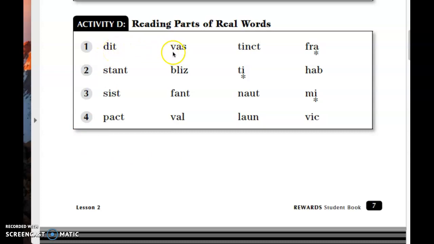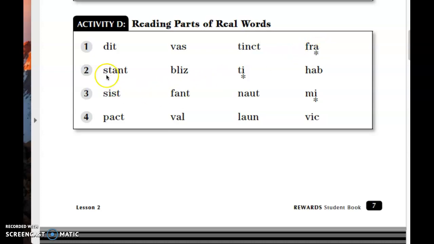Next word part, vas. V, as. What part? Vas. Next word part, t, inked. Tinked. What part? Tinked. Next word part, remember if it has an asterisk, it says its name, A. Fr, A. What word? Fray.